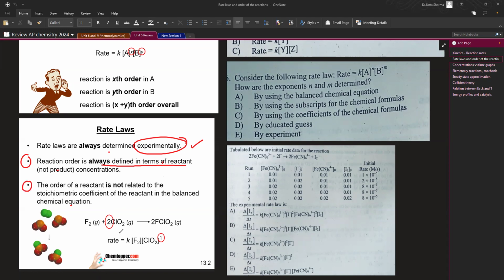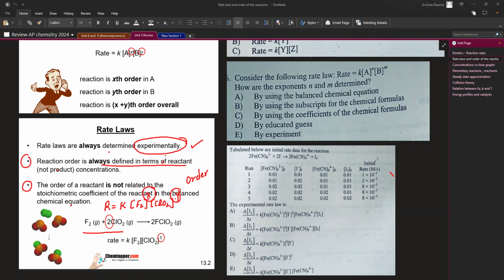Third, for example, this is the reaction. So I will say rate equals k times the concentration of F2 to the power x times the concentration of ClO2 to the power y. These are called the order of the reaction. Now you have to determine this order experimentally.